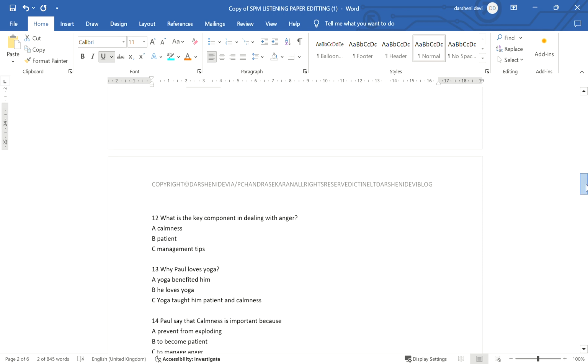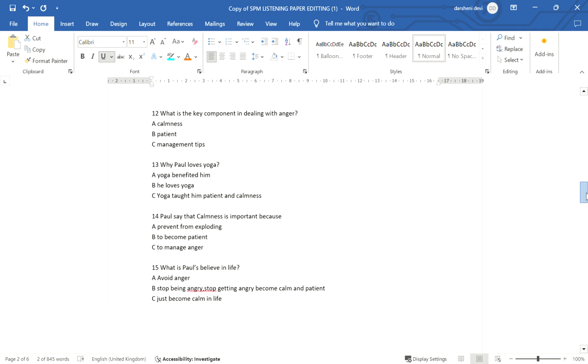And then let's look at question number 12. They want to know about the key component in dealing with anger. So they just want to know what the key component is. It can be calmness. So you can underline all these. All these are the keywords that you can use to find your answer while you are listening.